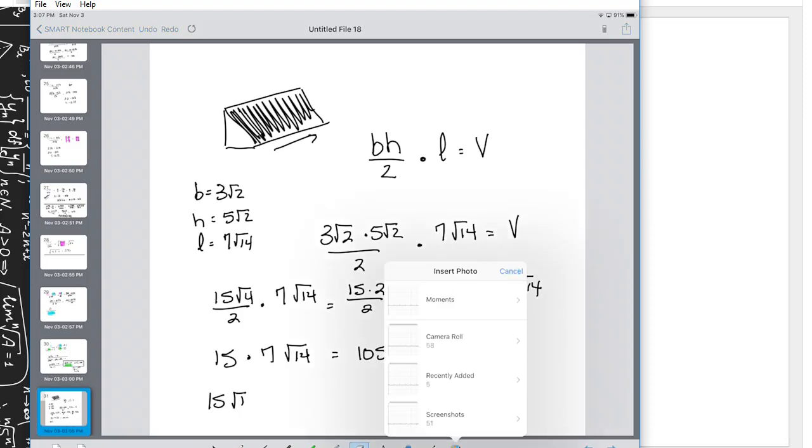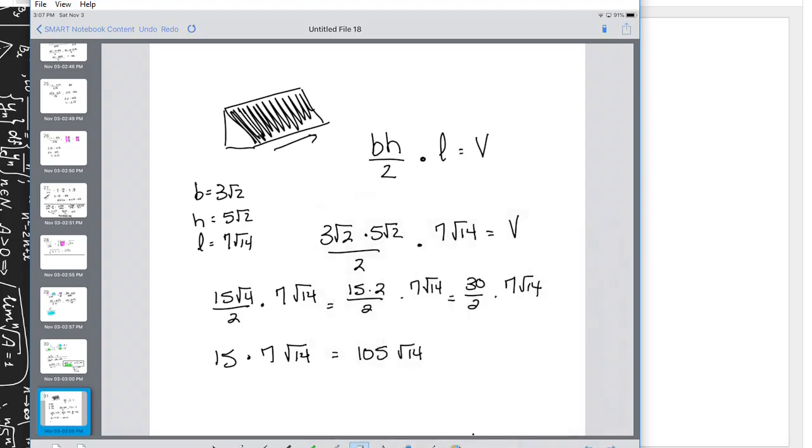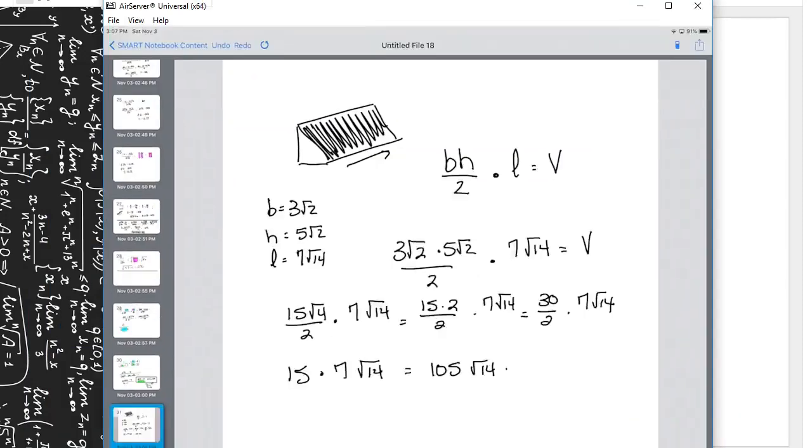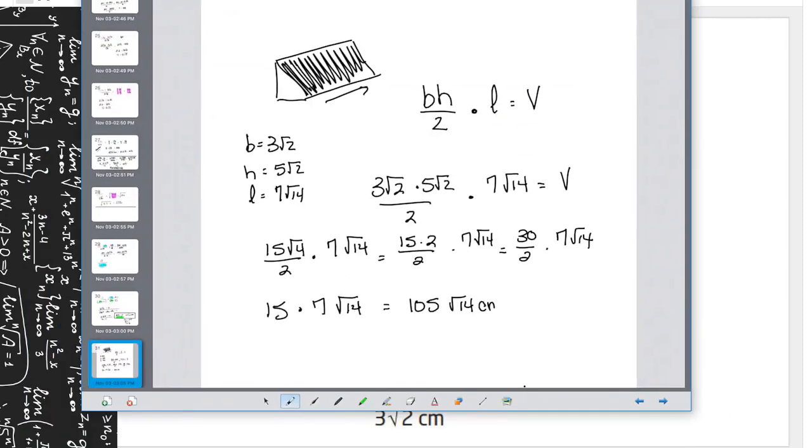Root 1 is 1, so we can state this as a radical. Can 14 be simplified? 2 times 7? No. So our final answer is 105 root 14. Is this in centimeters? Centimeters cubed. All right. So this tested our ability to multiply, to simplify, and to plug into a formula.